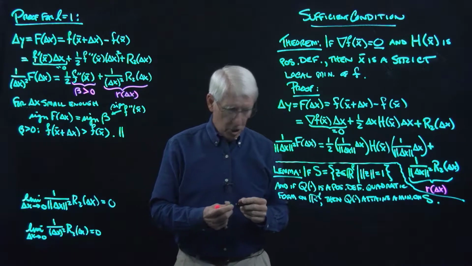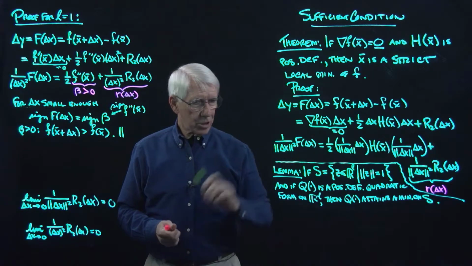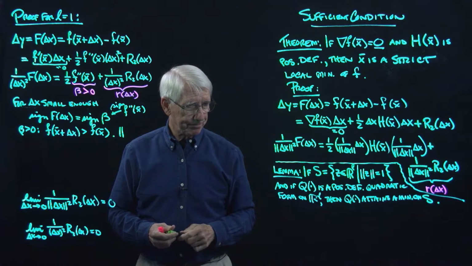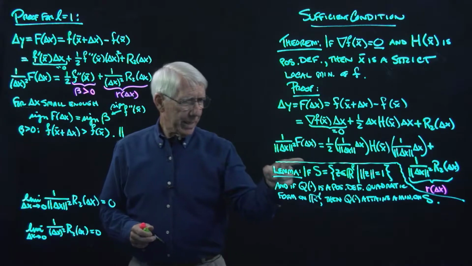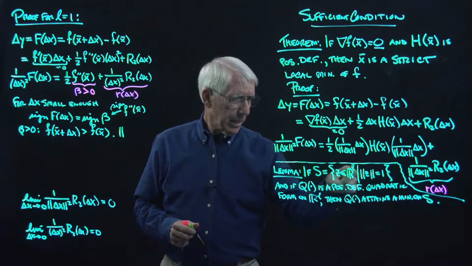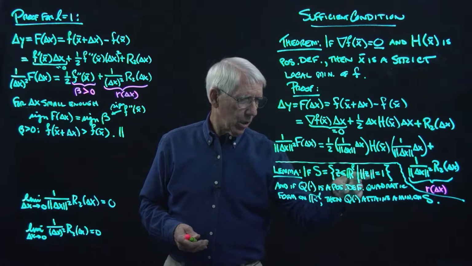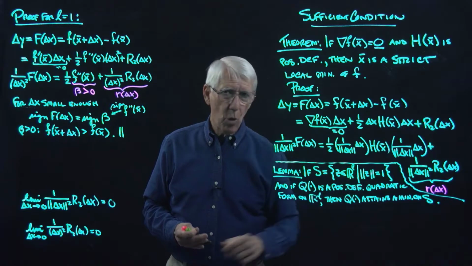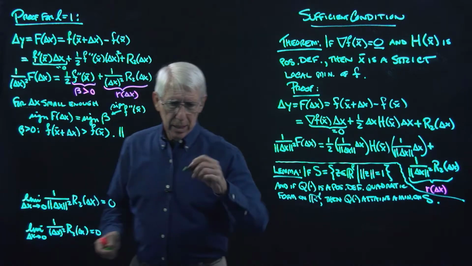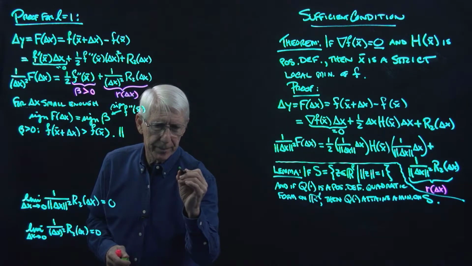Okay, so let's see what's going on here by drawing a little diagram. So we've said that S is the set of all vectors in RL that have norm exactly 1. So let's draw a picture over here.